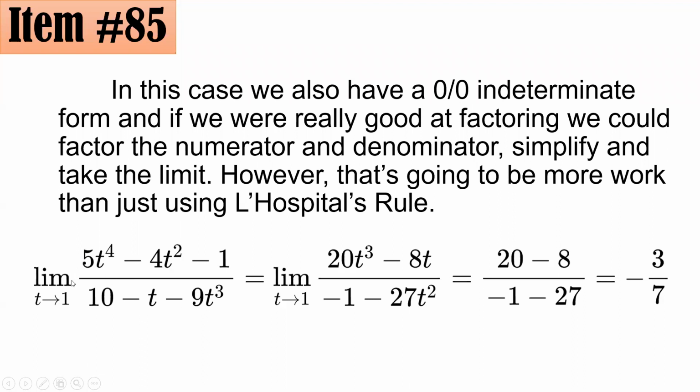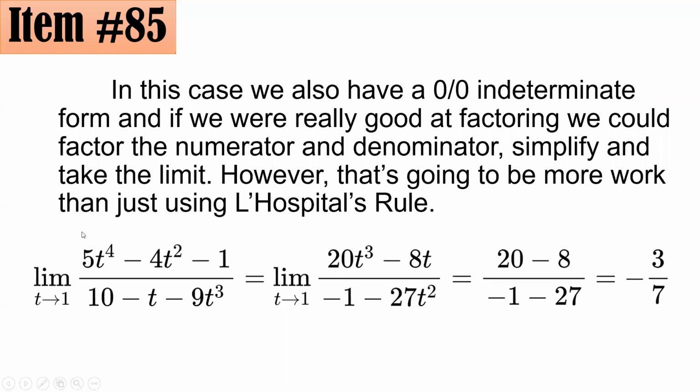Yung numerator po natin ay 5t to the 4th minus 4t squared minus 1. Yung derivative po nito ay 20t cubed minus 8t. Yung derivative naman po yung denominator natin na 10 minus t minus 9t cubed ay magiging negative 1 minus 27t squared po.